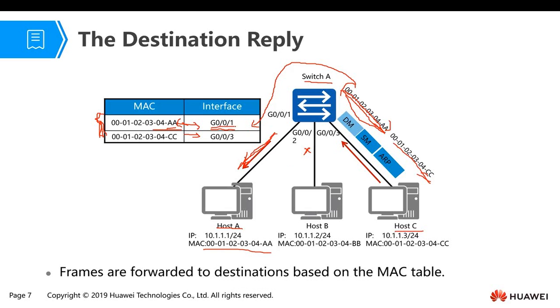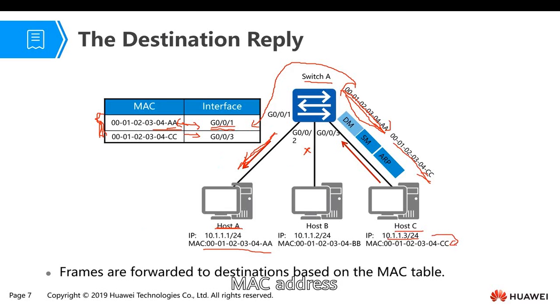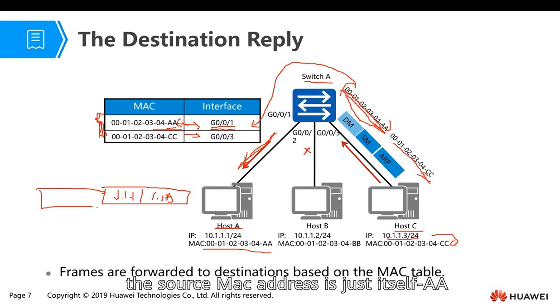After the ARP process, host A knows the MAC address corresponding to the destination IP, so host A can encapsulate the packet. The source is 10.1.1.1 and the destination is 10.1.1.3. The source MAC address is itself, AA, and the destination is CC.